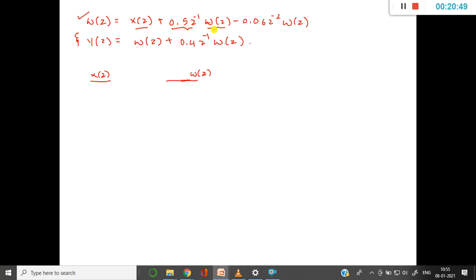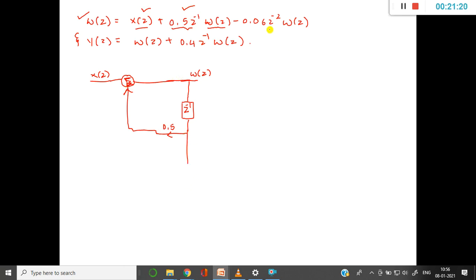Which means that I should take a one delay of W(z). So I'll take a one delay z inverse, multiply with the weight 0.5 and then add it with X(z) using a summation. So I get X(z) plus 0.5 z inverse W(z).